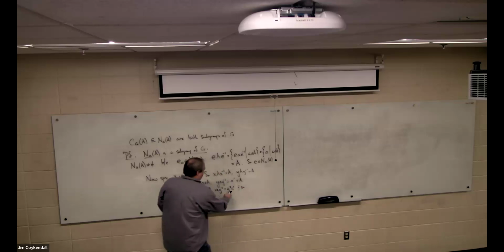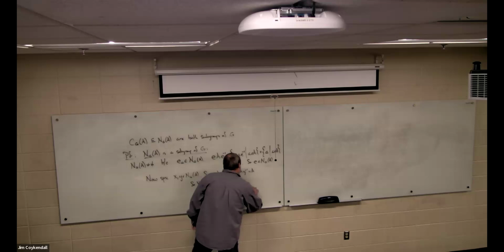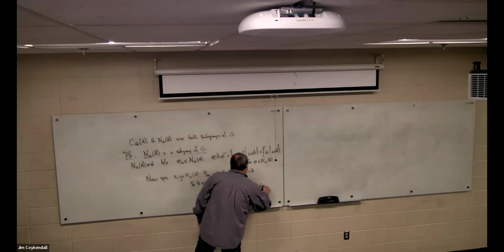And so now multiply by y on both sides: a is equal to y inverse a prime y.